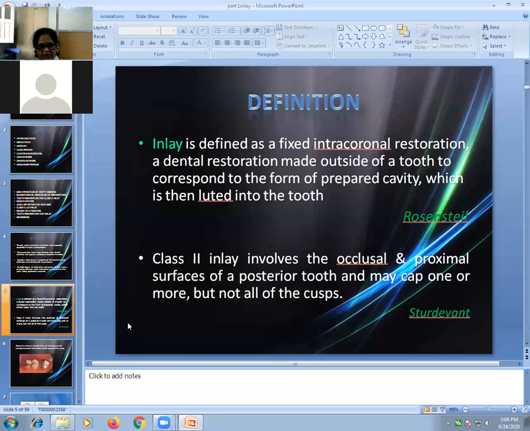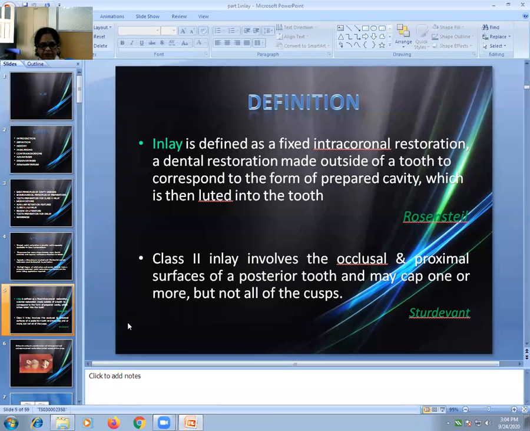This means as the cavity is prepared, some form is given to the cavity according to the restoration, the intracoronal restoration is fabricated, and then it is luted in the tooth. This is the permanent restoration.